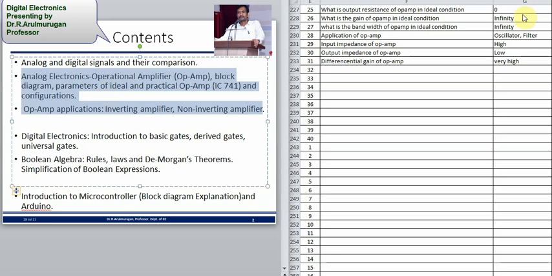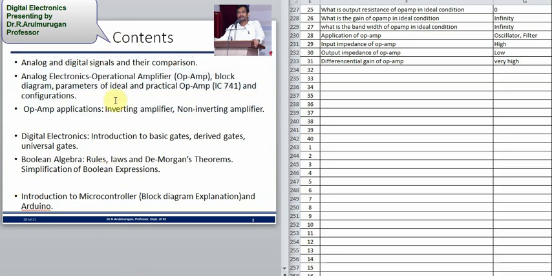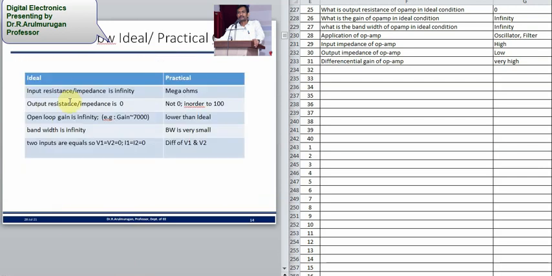So this is the detail about the operational amplifier. Configuration wise, it is classified into ideal characteristics and practical characteristics. Input impedance is infinity and output impedance is 0 for ideal conditions. Similarly, open loop gain is infinity, bandwidth is infinity, and the voltage difference is zero.